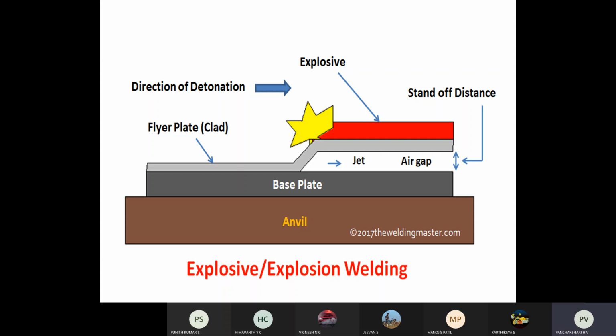It releases an enormous amount of energy, and that energy acts upon the plate on which it is deposited, that is, the cladding plate or cladding material upon which the explosive is placed.